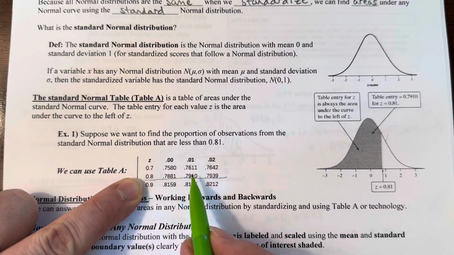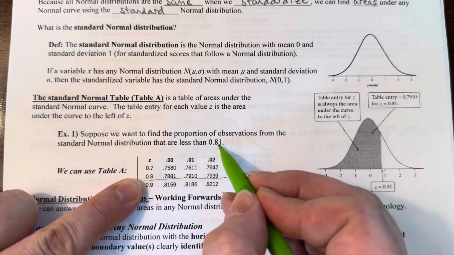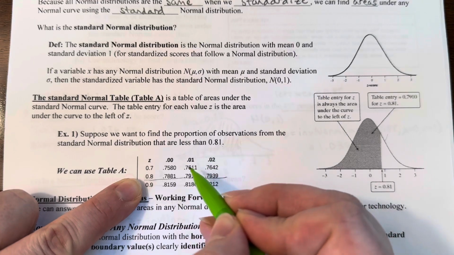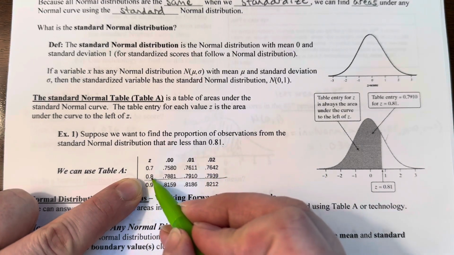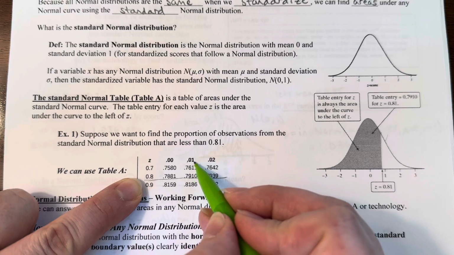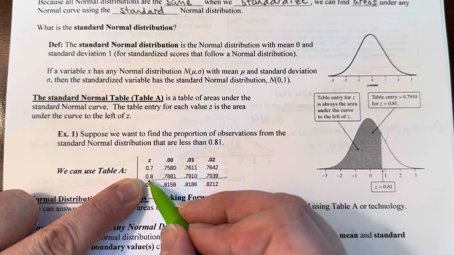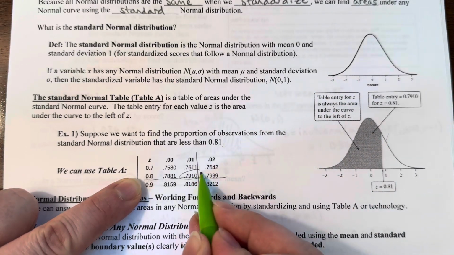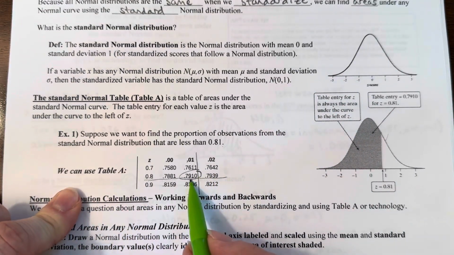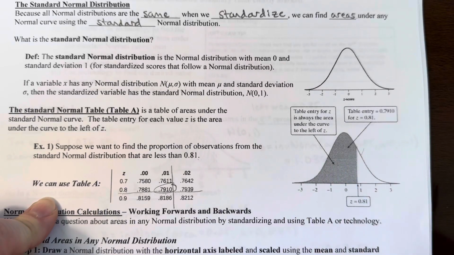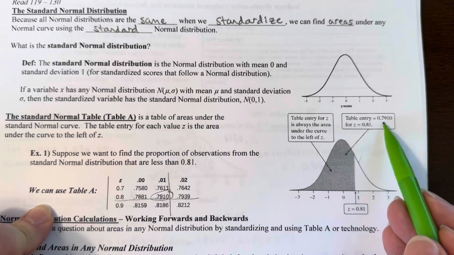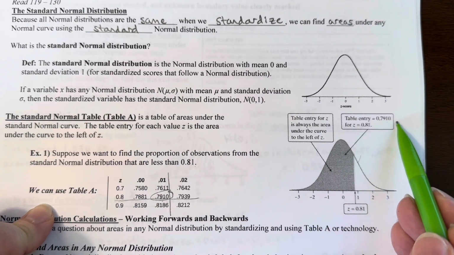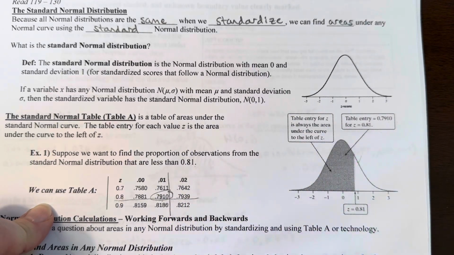So we're looking at these possible areas. And then the one right here would translate to the 0.01. It's basically 0.8 plus 0.01 gives you 0.81. So if we follow this down, this one right here would be our area under that curve. So this area would be 0.7910. That's why that's identified over here in the picture.